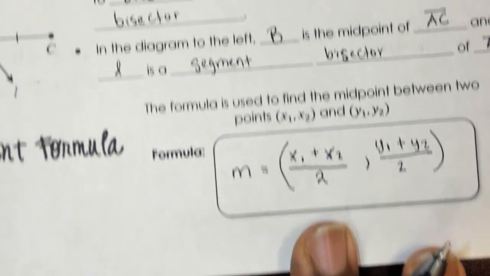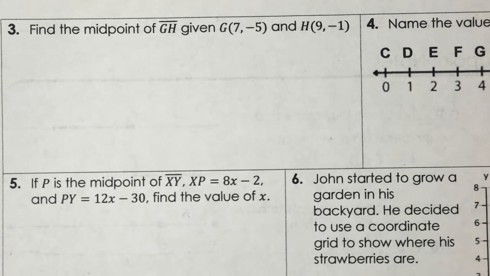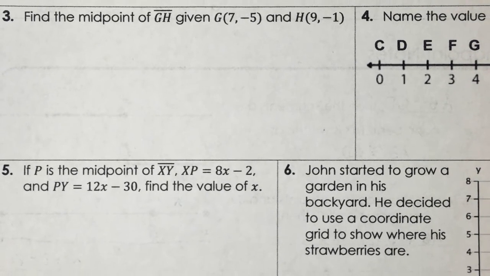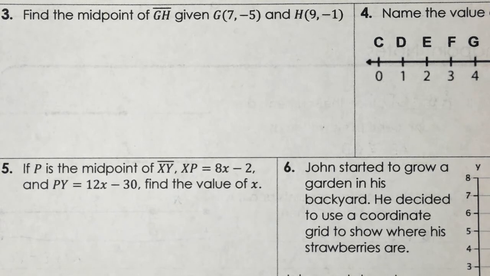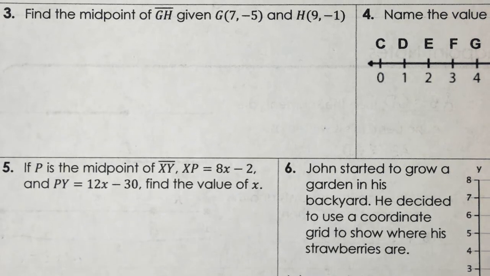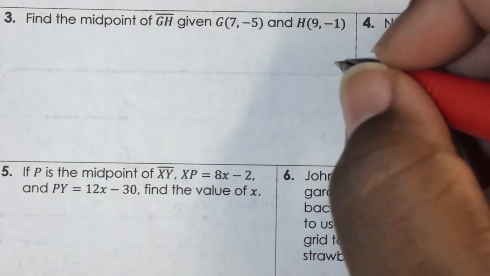Alright, let's go on the back and do some applying. So on the back, it says find the midpoint of GH given G is (7, -5), and H is (9, -1). They want to find the midpoint on this one. The first thing I do anytime I do midpoint, and I expect all you guys to do this too, I go through and I label my coordinates.